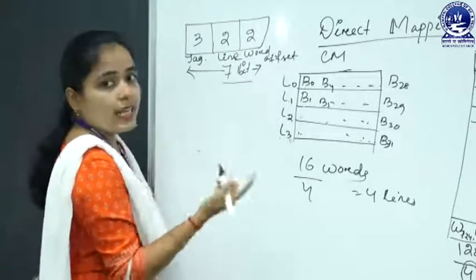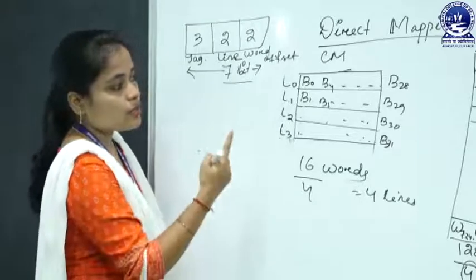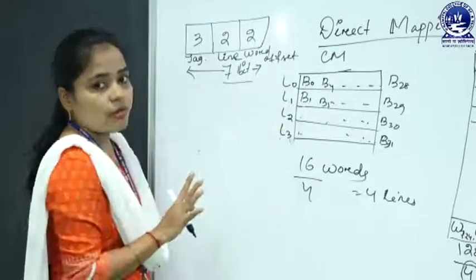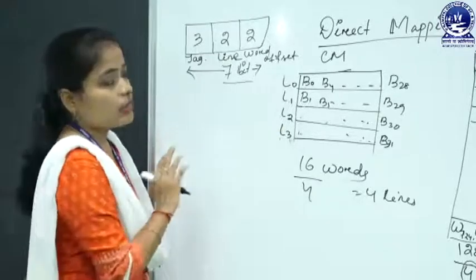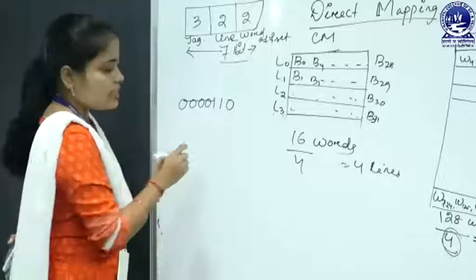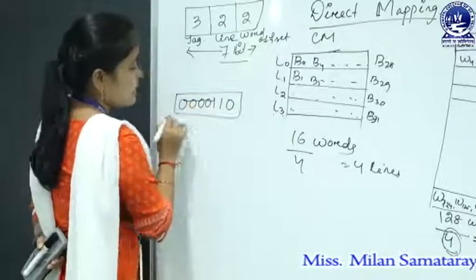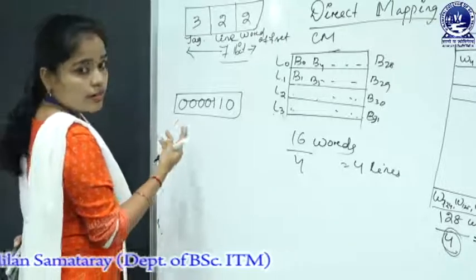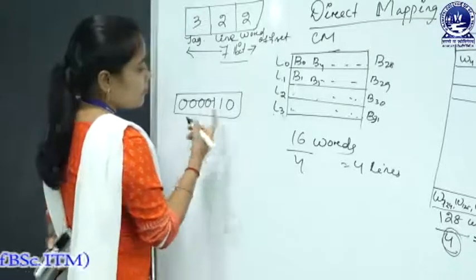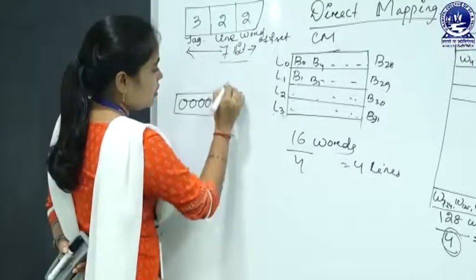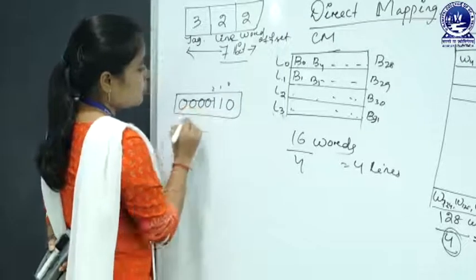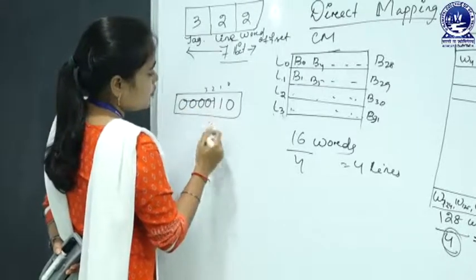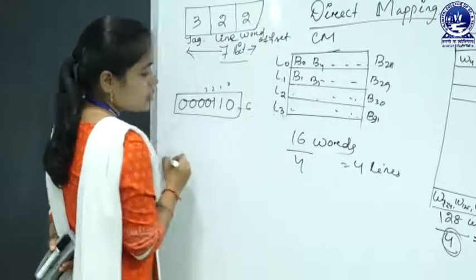Okay, let's take an example of how the processor will generate an address and how it will be represented in the main memory and in the cache memory. Let the CPU generate this address. If you decode this, the value will be 6.